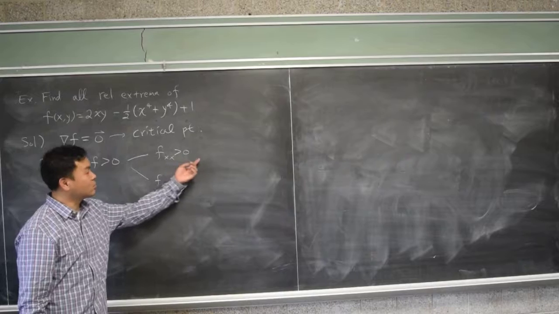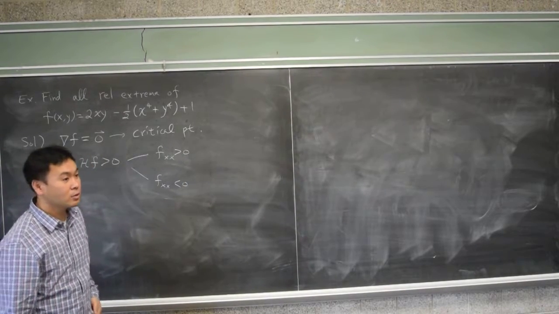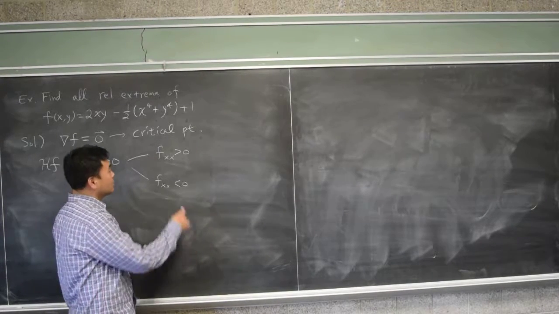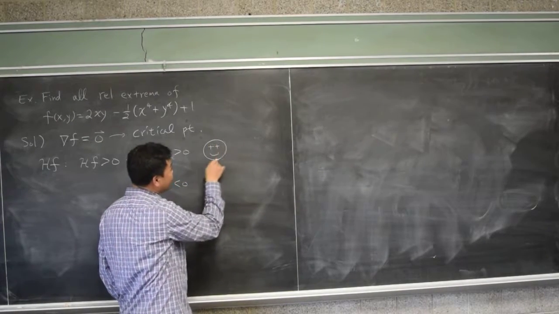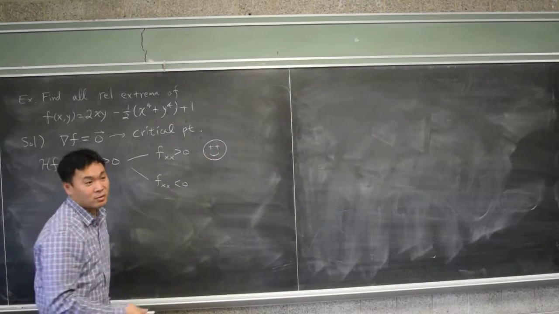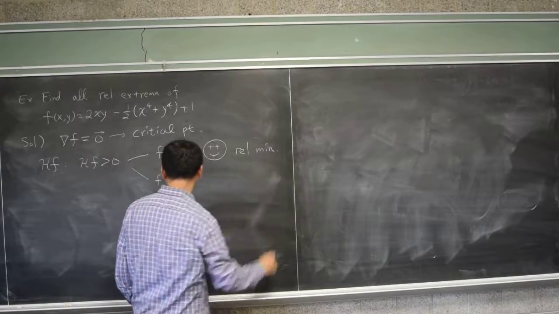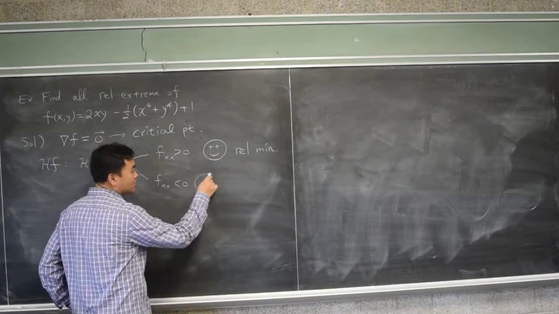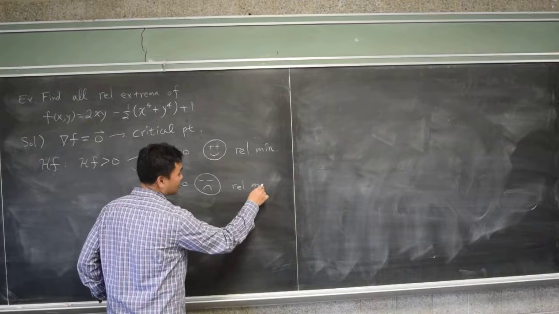In that case, you have a relative max or a relative min. This is the case when you have a smiley face, so at this point you have a relative min. This is the case when you have a frowning face, so it's a relative max.